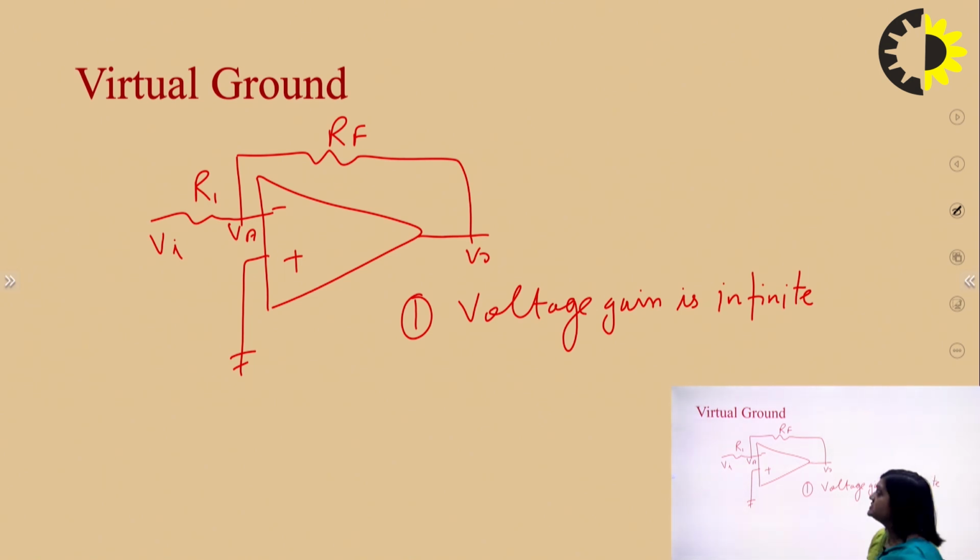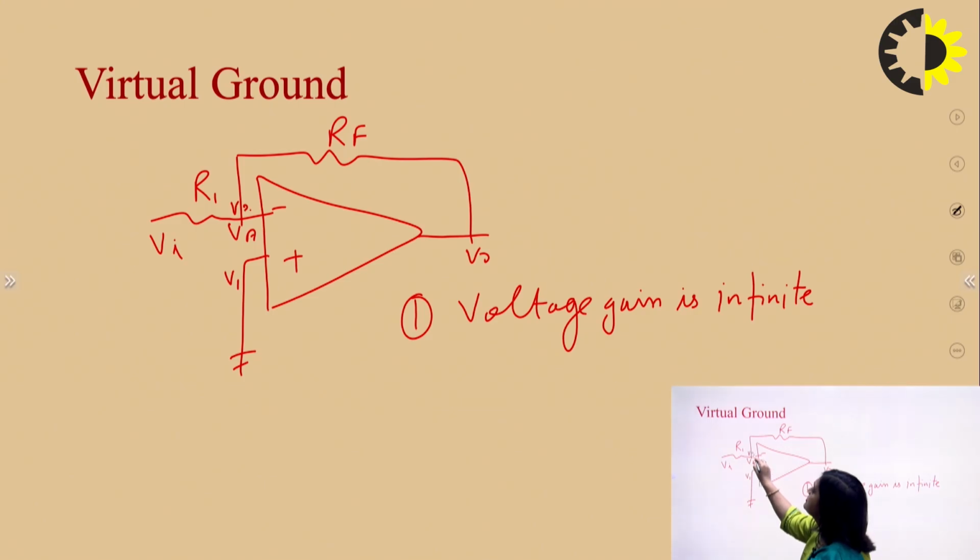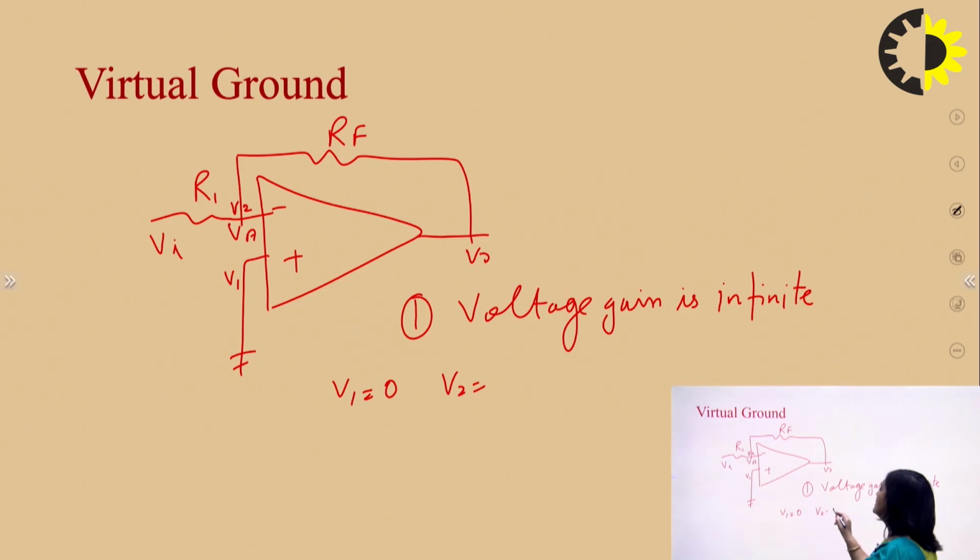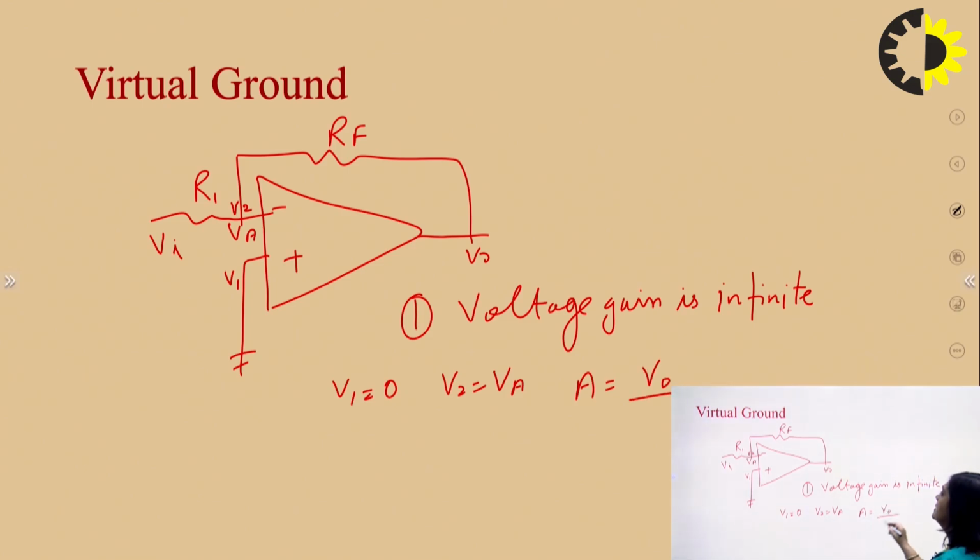Voltage gain infinite means, if this voltage is V1 and this voltage is V2, we can see V1 is equal to 0 and V2 is equal to VA. And we know that gain is equal to output upon V1 minus V2.